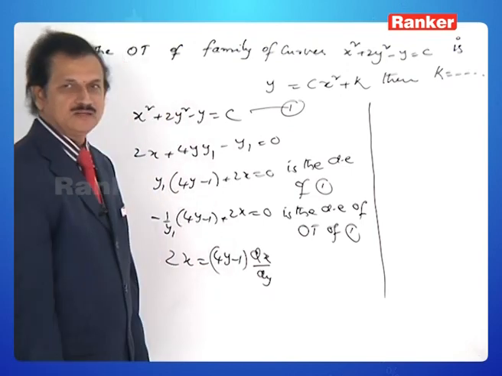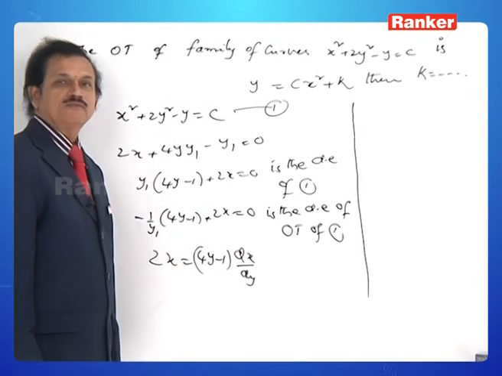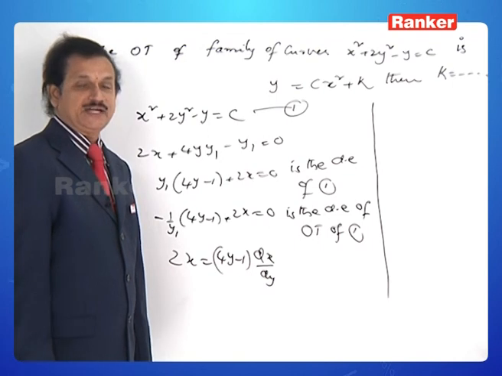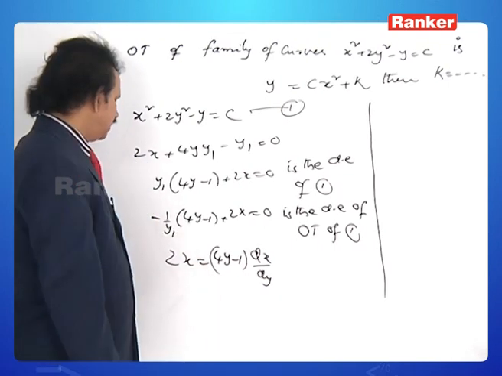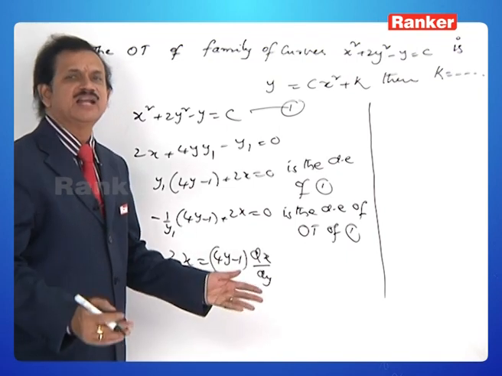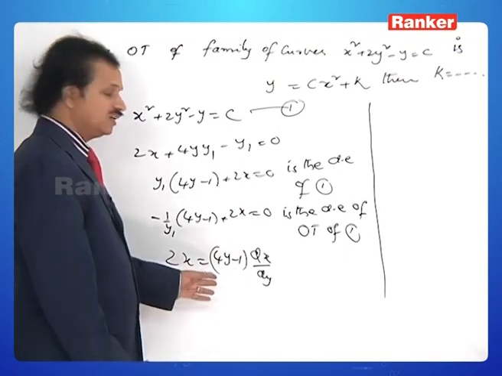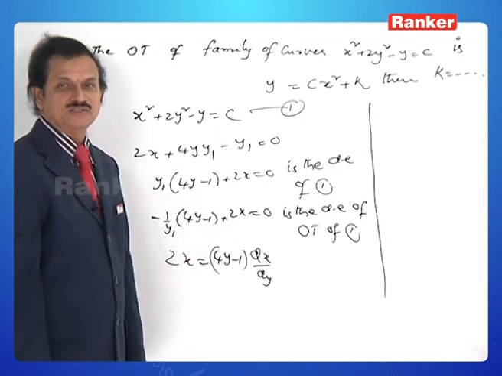Third step is over. What is this third step? We could have got the differential equation of the required OT. And look at that. We should feel happy, my dear. This is in the form variable separable, isn't it?